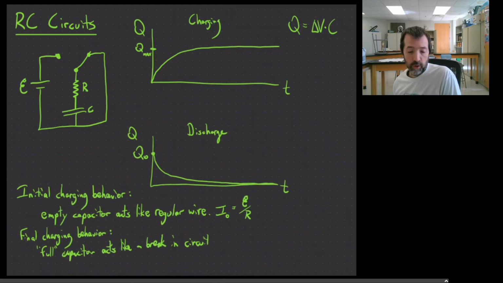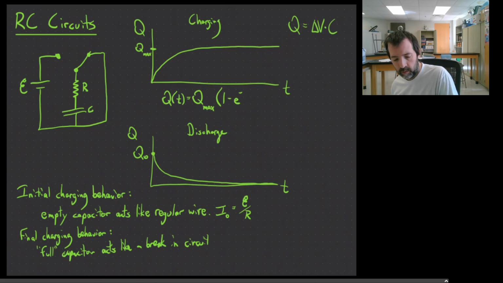So this charging graph, the function that describes that, I'm going to write below. I will derive this later. The function has a pretty simple form. There's a coefficient in front, but that coefficient is just the maximum value. And then I have 1 minus e to the negative stuff.